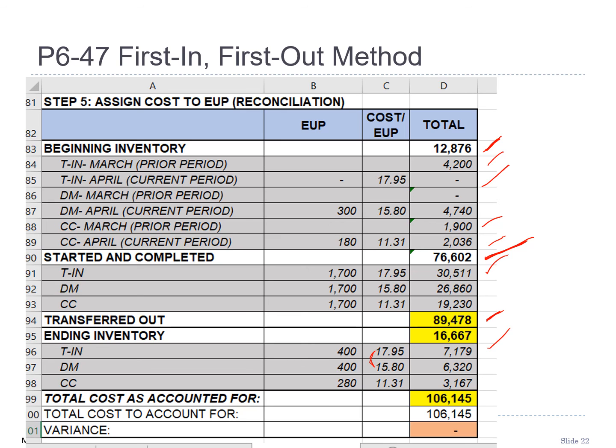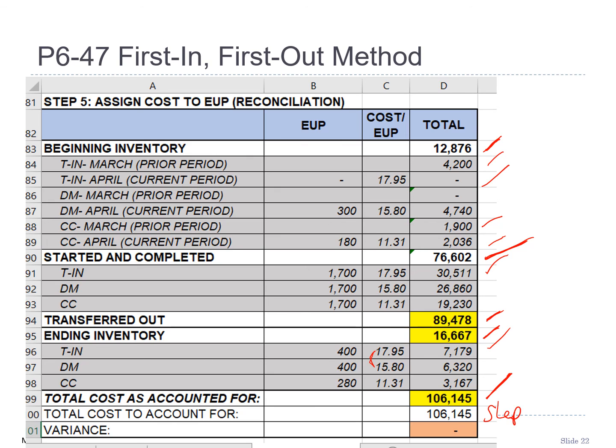So, ang total ng ending inventory natin is 16,667. So, 16,667 plus 89,478, ang total niyan is 106,145. So, pinakita ko lang din ulit yung total cost to account for dun sa step 3.